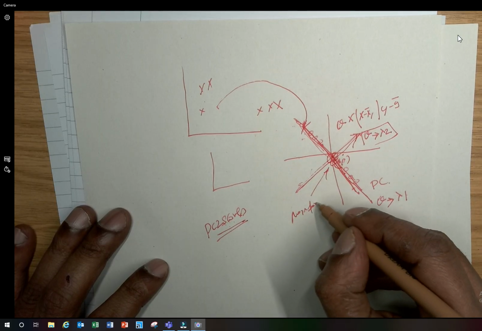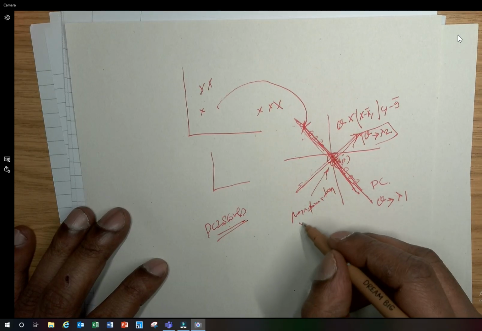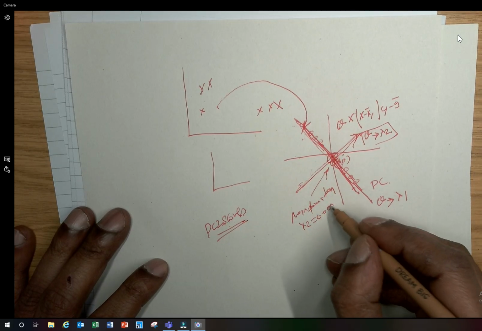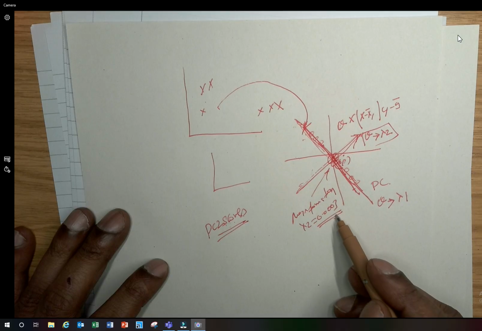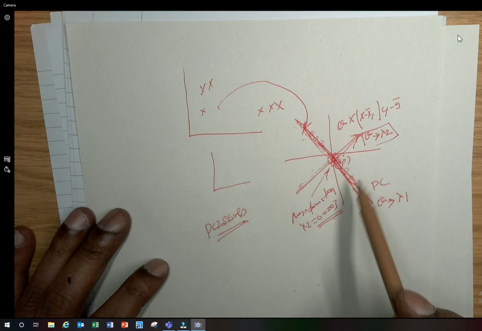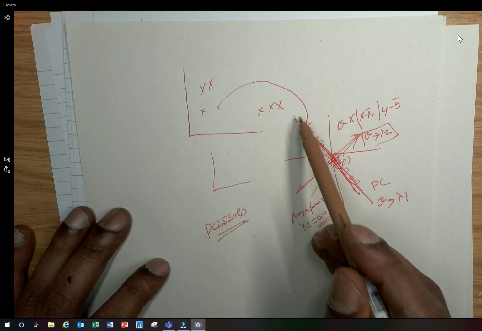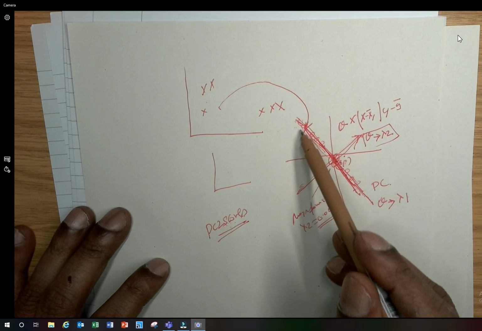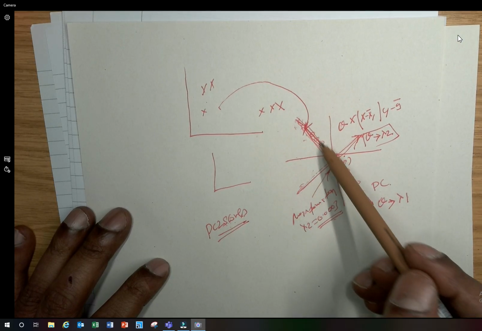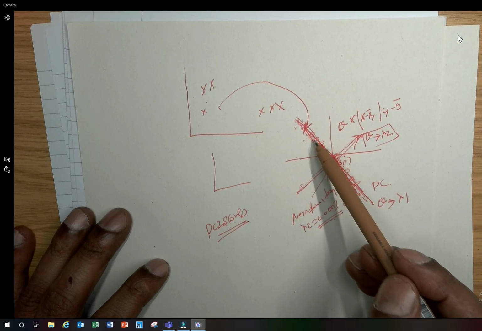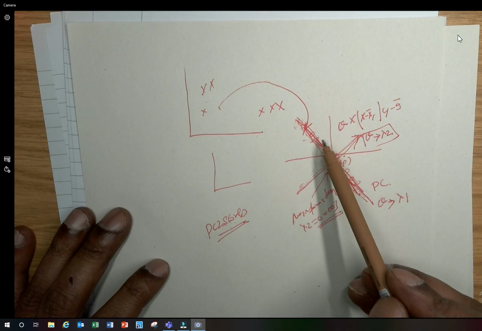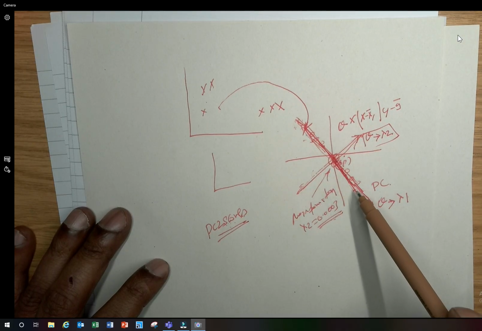That is not surprising, as the lambda 2 value is only 0.003, which means it carries no information about the actual data set. Whereas your lambda 1 and the corresponding eigenvector, which is this direction, and the projected value on that direction, clearly separates category 1 from category 2.